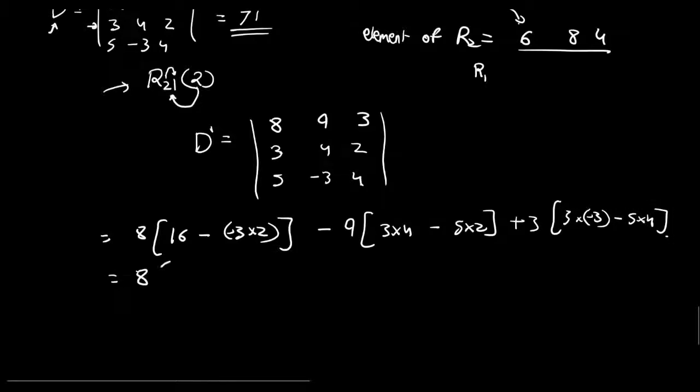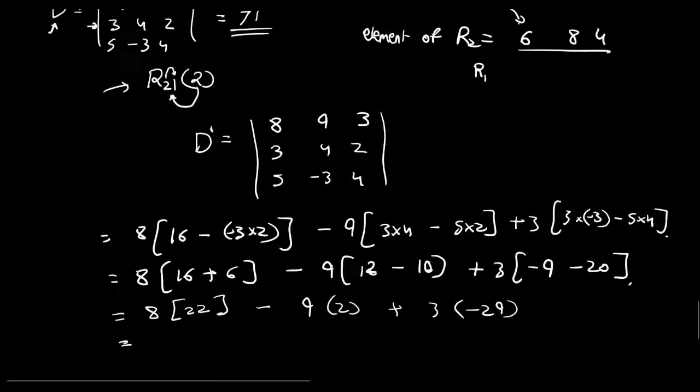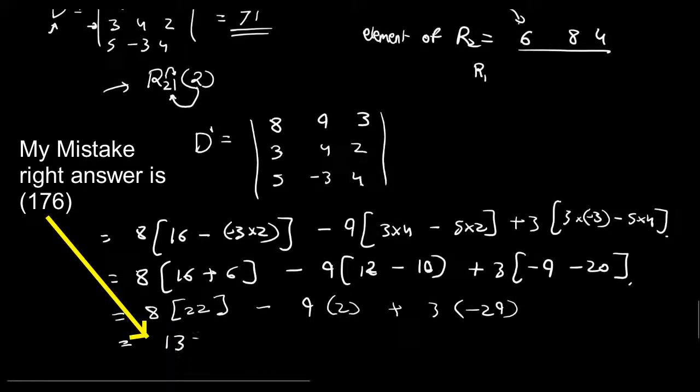What we get? 8 times (16 plus 6) minus 9 times (12 minus 10) plus 3 times (minus 9 minus 20), which we get as 8 times 22 minus 9 times 2 plus 3 times minus 29, which gives us what? 8 times 22 is 132. Minus 9 times 2 is 18.